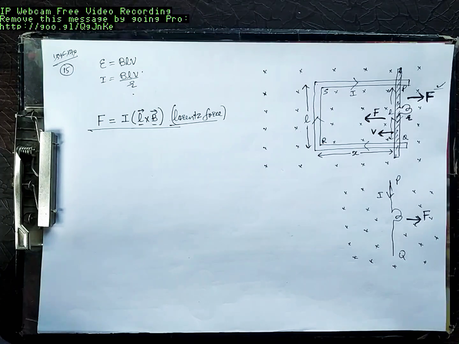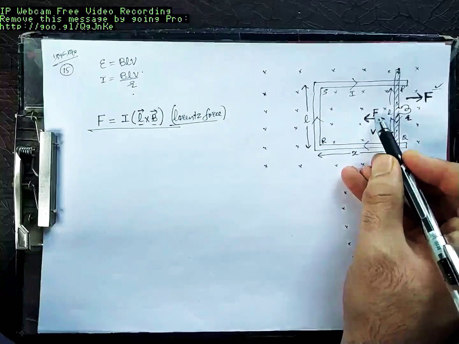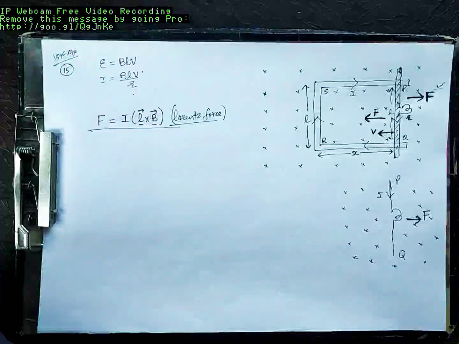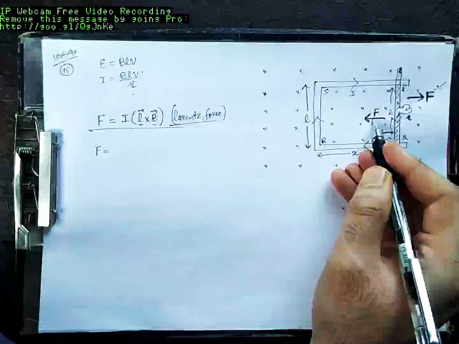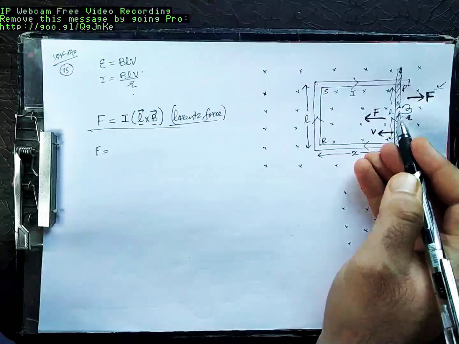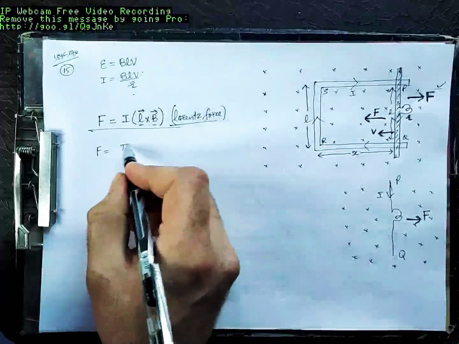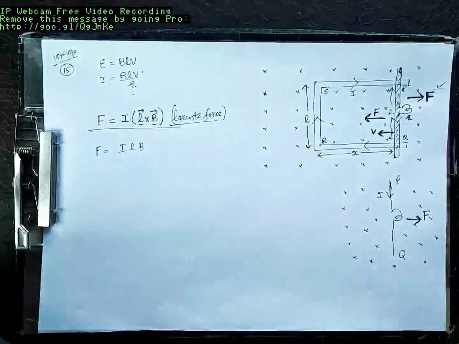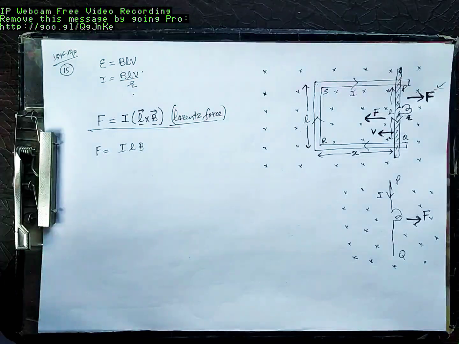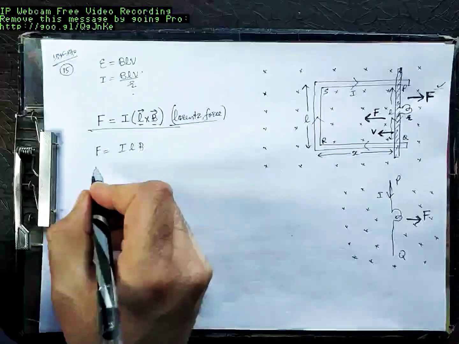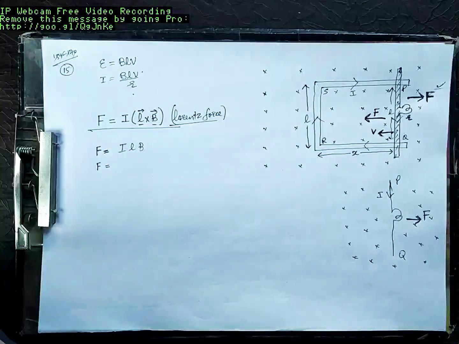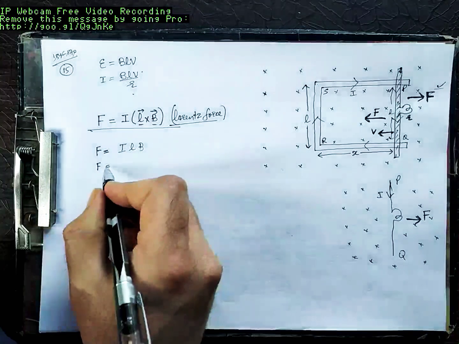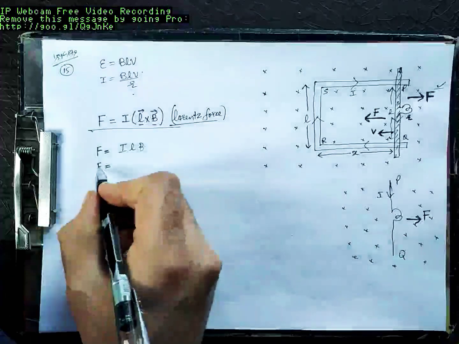Then what should be the force that I have to apply over here? Let's calculate that force. The force F that I am applying here is the same as the Lorentz force that's opposing the motion of PQ, which is equal to ILB, because L and B are at 90 degrees, sine 90 is 1. So F is equivalent to, how much is I?